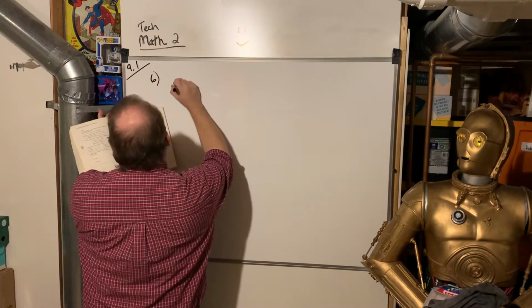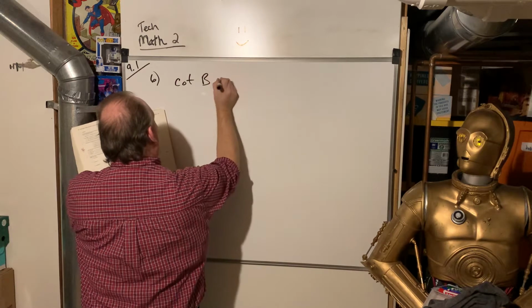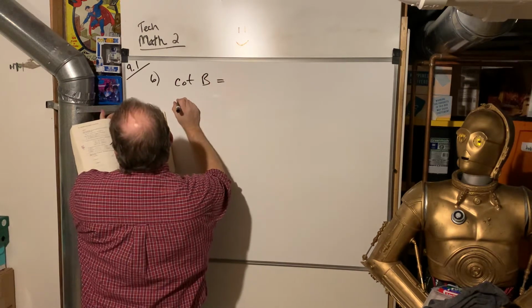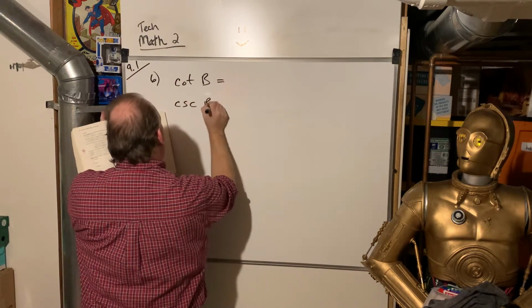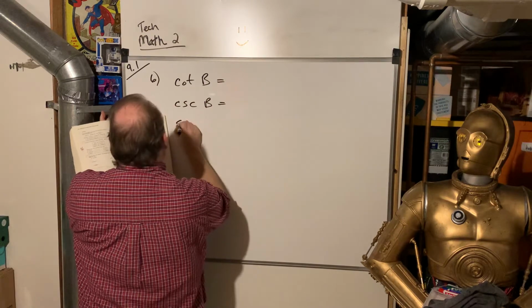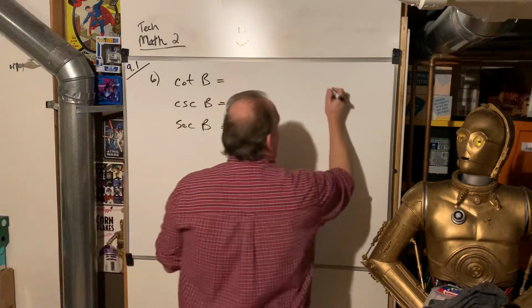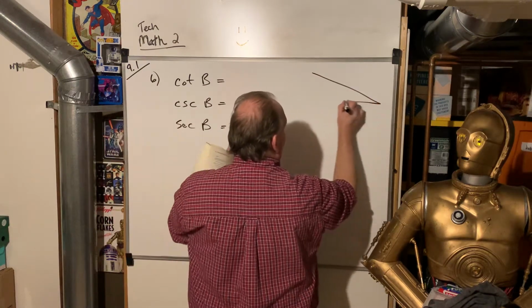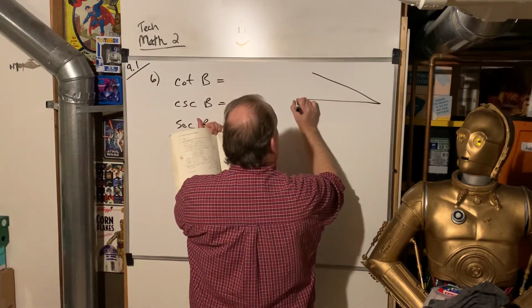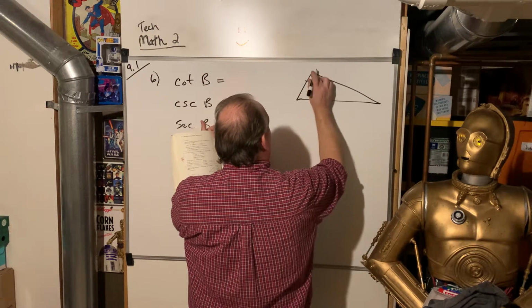They want us to find the cotangent of B, the cosecant of B, and the secant of B, angle B. All right, so they gave us a picture. Looks something like this.